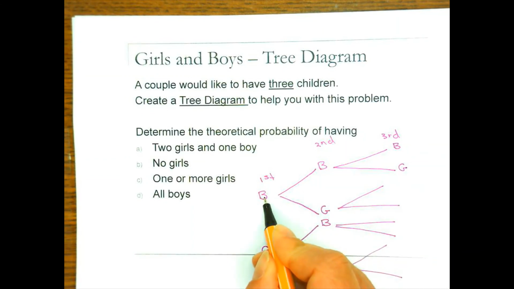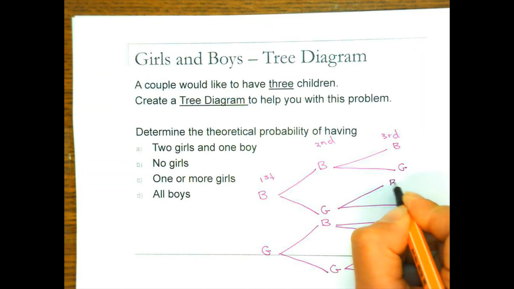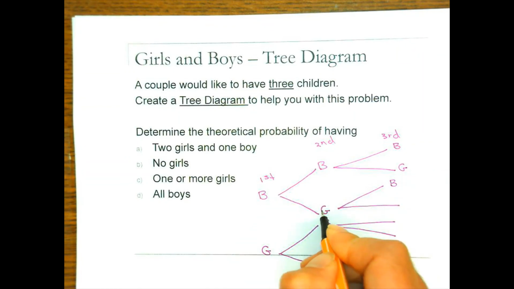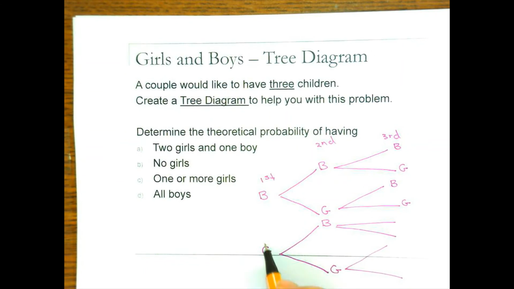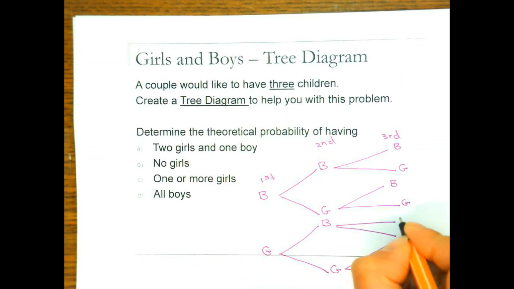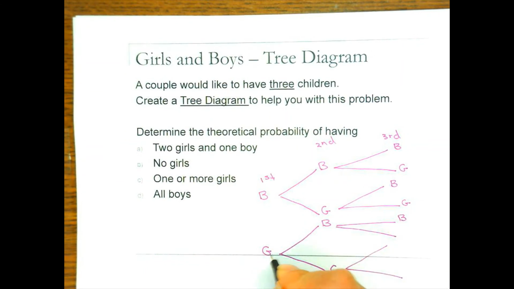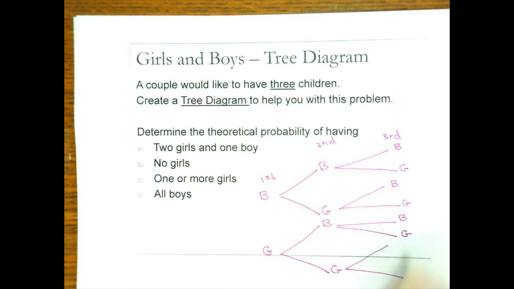They can have boy, girl, boy, or boy, girl, girl. They can have a girl, boy, and a boy, or girl, boy, and a girl. And then they can have girl, girl, and a boy, or girl, girl, and a girl.